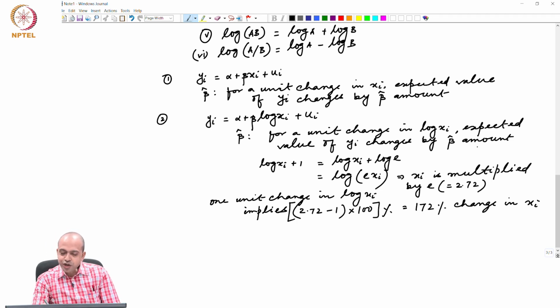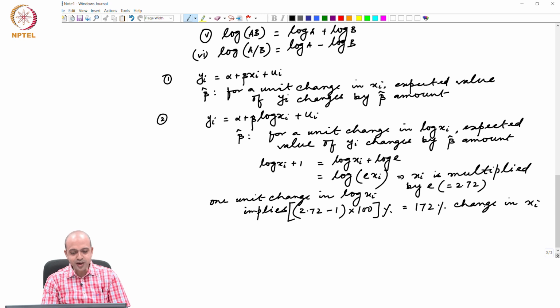Now, a 1 unit increase in log xi is log xi plus 1, which is log xi plus log e, that is, multiplying x by e, equal to 2.72. Converting this into a proportional percentage change, it is 2.72 minus 1 into 100, which is 172 percent change.